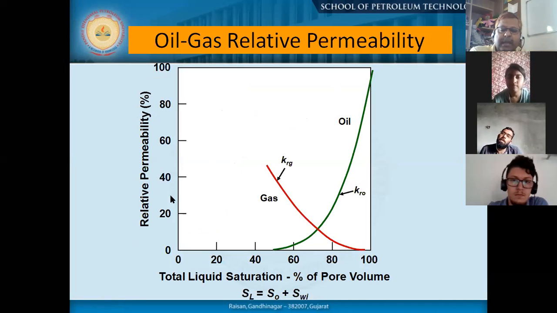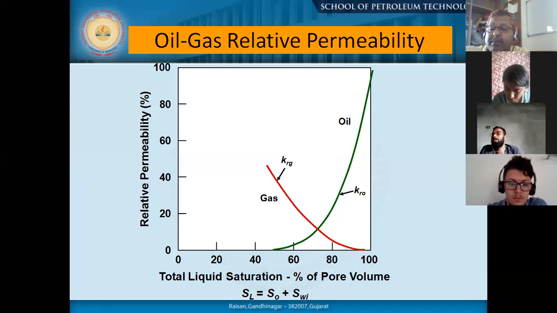If you see here, on the x-axis it is total liquid saturation. Why is it not water saturation? Because we have water and gas saturation together. So that's why it is total liquid saturation.